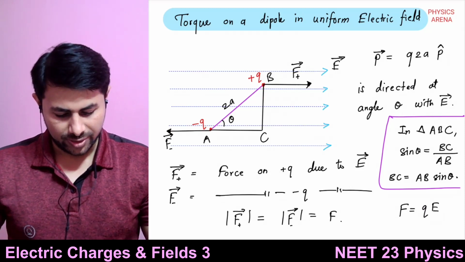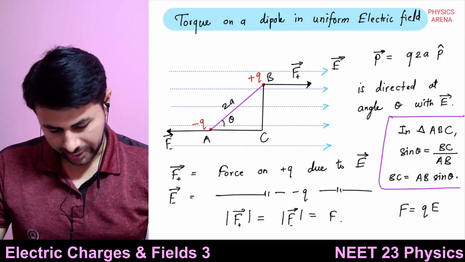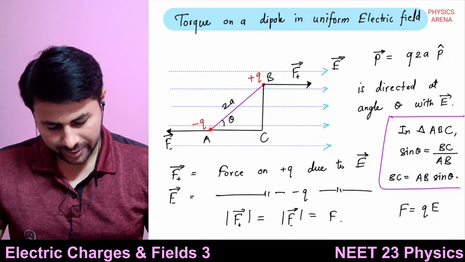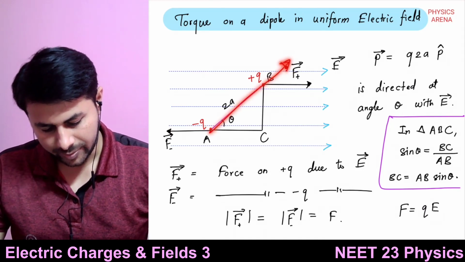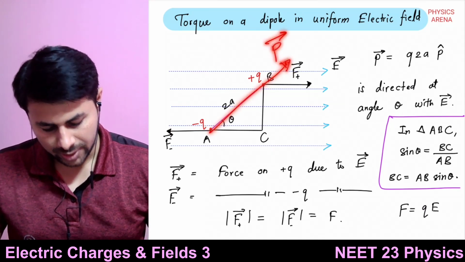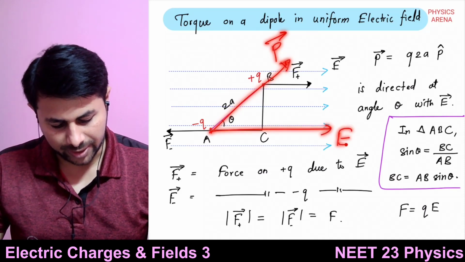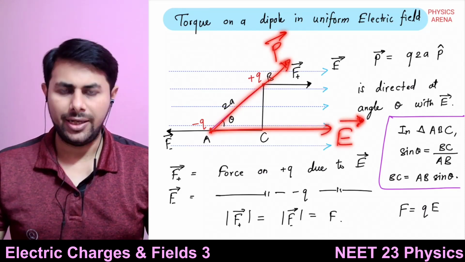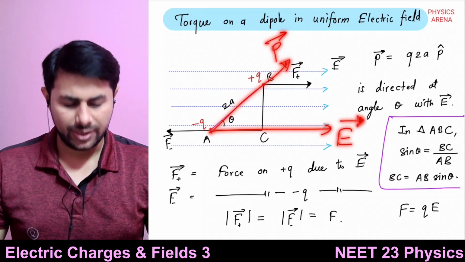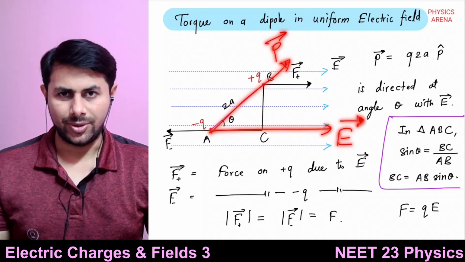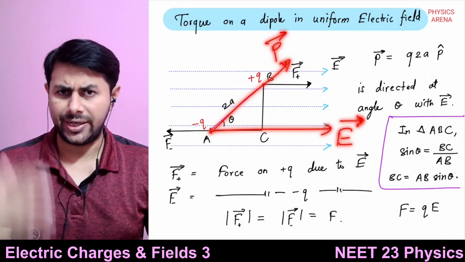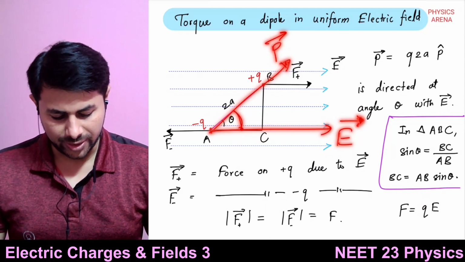Okay, so now see, this is the direction of P bar, this is the direction of E bar. If you take E cross P, using the right hand thumb rule, you want to find out the resultant.